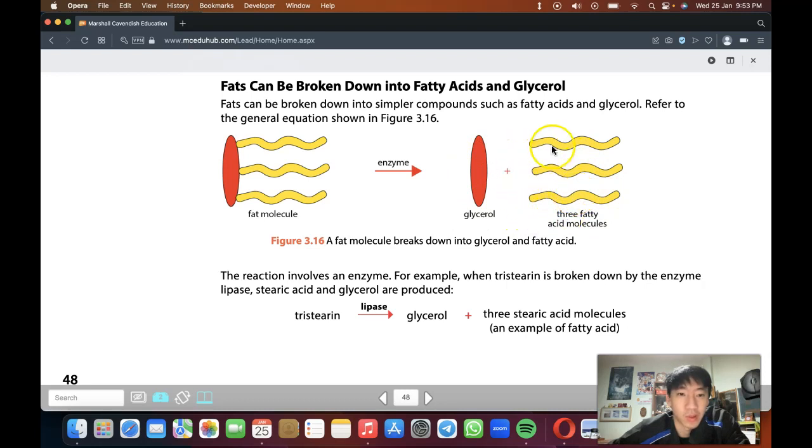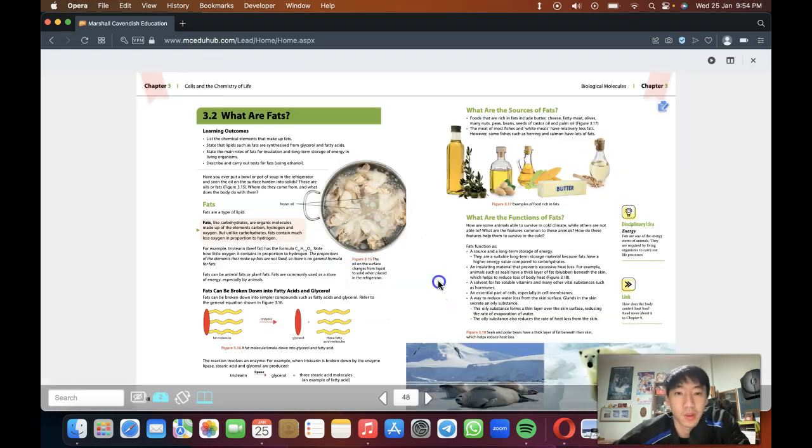So you must write 3 fatty acid molecules. This is one example here. This thing called tryptophan is a kind of lipid, which will be broken down by lipase into glycerol and 3 stearic acid molecules, which is one example of a fatty acid. But for us, we just know glycerol plus 3 fatty acid molecules.